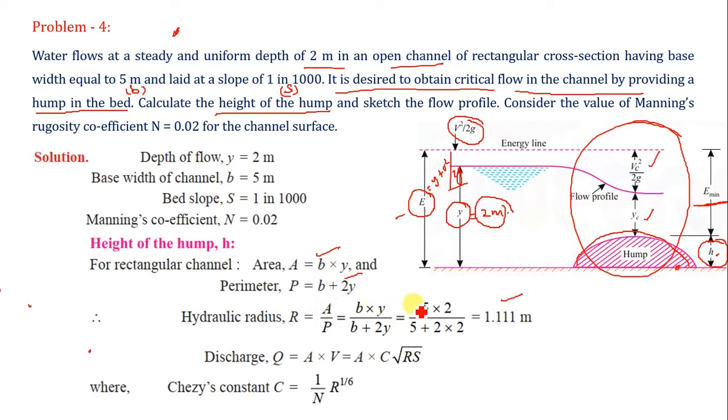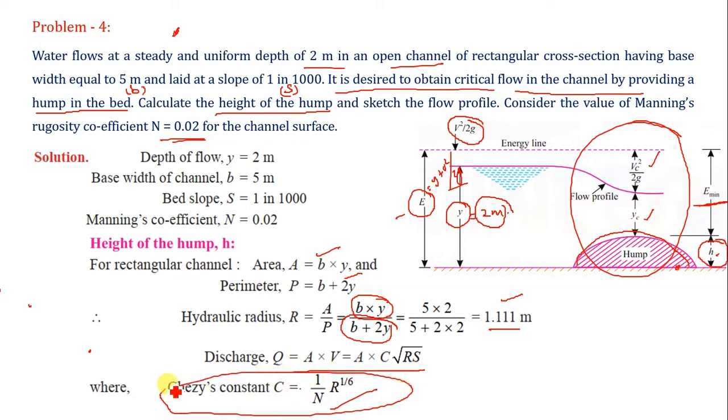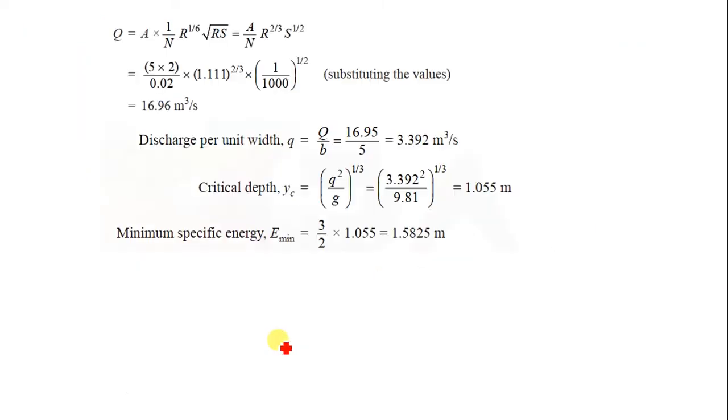So you can find the area B into Y and perimeter B plus 2Y and R. I'm using the Chezy equation for finding the discharge, and this is the relation between Manning's and Chezy equation. Of course, he has given the rugosity coefficient or Manning's coefficient, but I know the relation between Manning's coefficient and Chezy coefficient. So I can use this relation and use the discharge equation of Chezy.